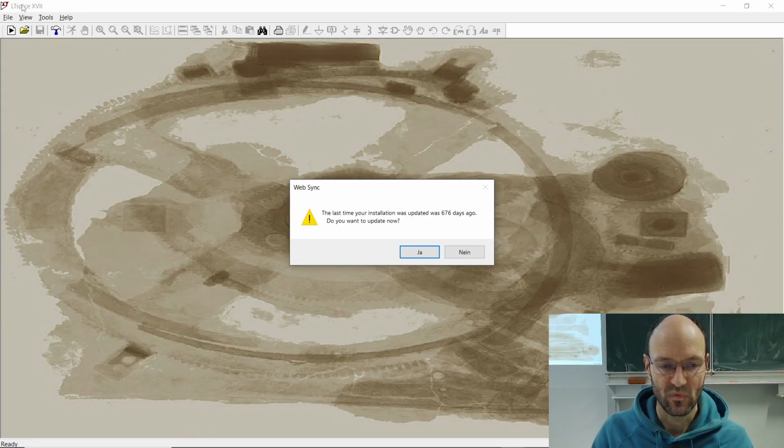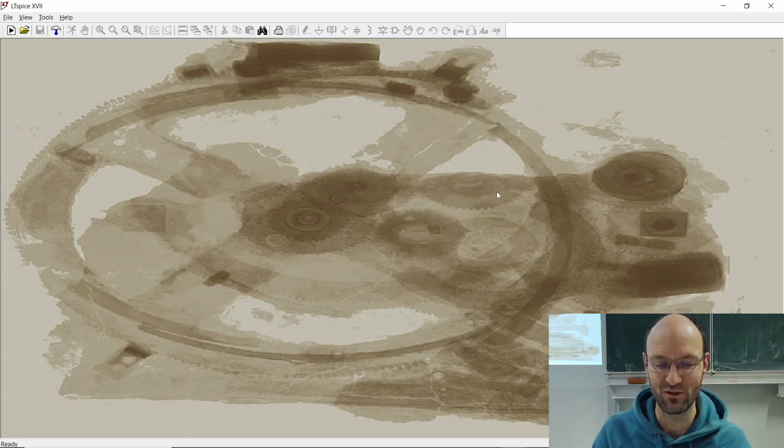And I'm using I think an older version. The newer version looks slightly different, but has the very same functionality, just that the buttons look a bit different. And every time it's telling me that I should update now. I've not updated since 2 years or so.